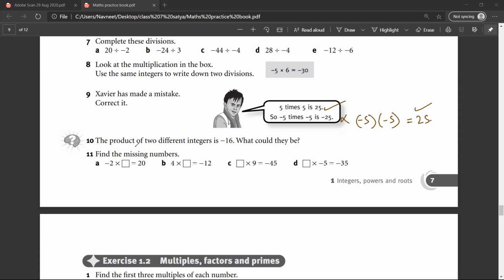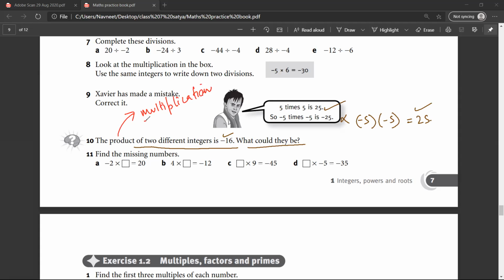Okay. The product of two integers is minus 16. What could they be? So what do you mean by product? Is it multiple? Okay. Product means multiplication.